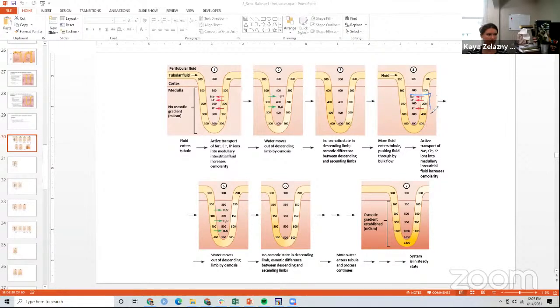Which is that it's pumping out these ions into the medulla, which raises the concentrations of things in the medulla and therefore raises the osmolarity of the medulla. And the converse of that is that that's dropping down the osmolarity of the fluid remaining in the tubule. So that's what I want us to know about that.